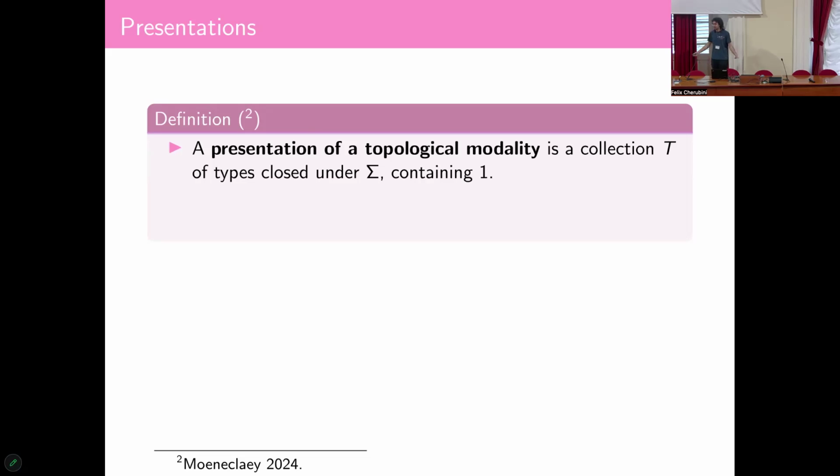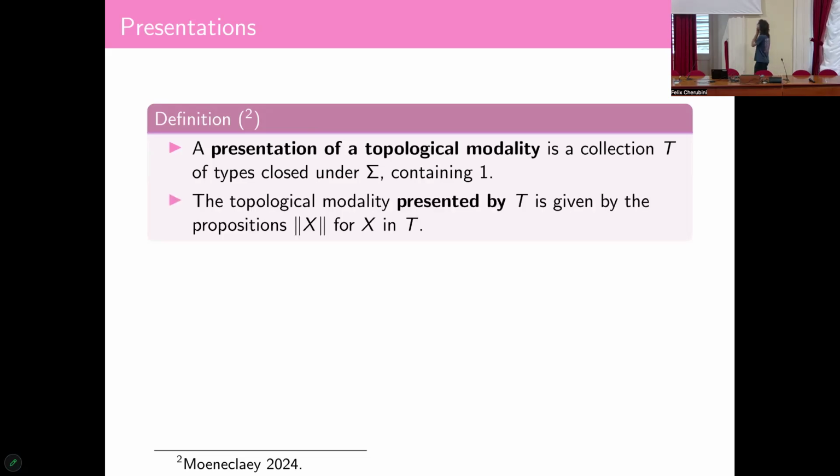It doesn't really matter what you choose, as long as it's closed under sigma and it contains 1, but you can force any collection of types to do this very easily. Given a presentation, it presents the modality asking that all of those types be inhabited. If you're familiar with the external perspective, you should maybe think of these as covers of 1, and we're asking that covers of 1 are actually surjective in the subuniverse.